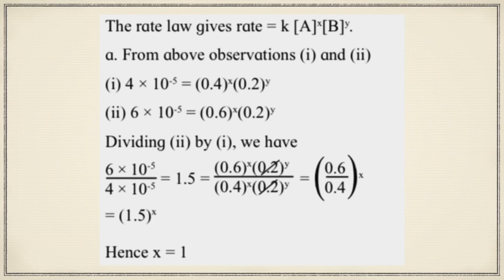Now dividing second by first, we have 6 into 10 raised to minus 5 upon 4 into 10 raised to minus 5. After solving this, I'll get 1.5. That is equal to 0.6 raised to X into 0.2 raised to Y upon 0.4 raised to X into 0.2 raised to Y, that is equal to 0.6 upon 0.4 raised to X, which gives 1.5 raised to X. So I'll equate the left hand side and the right hand side.